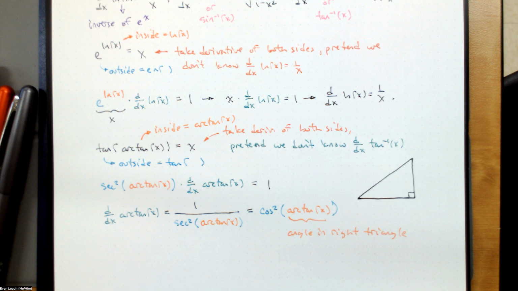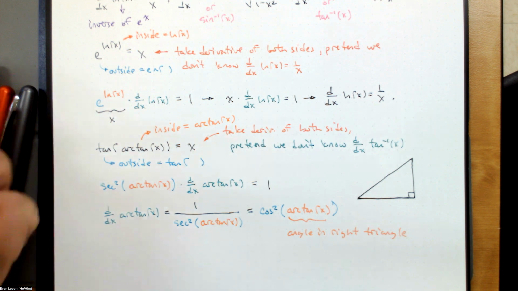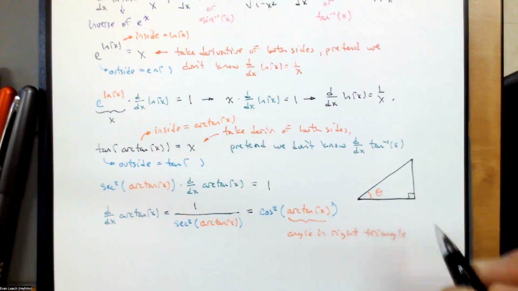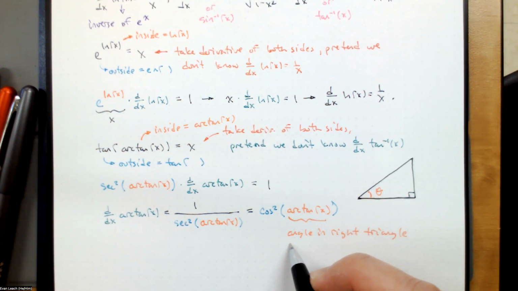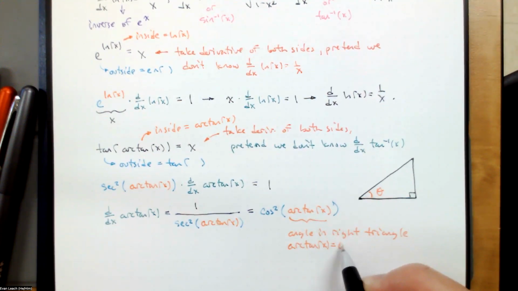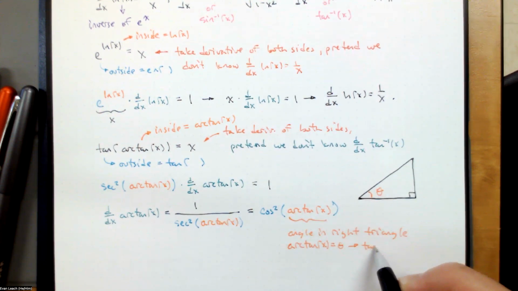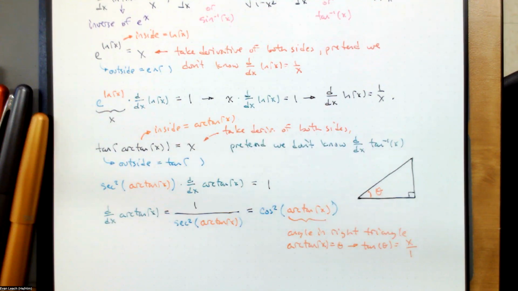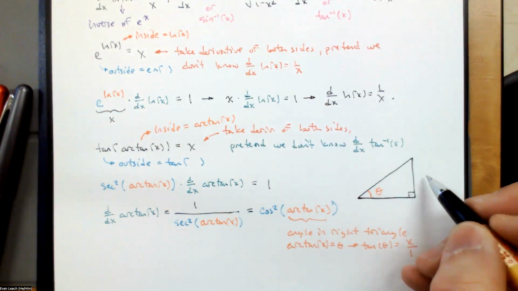The tangent of this angle is equal to x. So I'm going to set up a right triangle where the opposite is x and adjacent is 1. This tangent is opposite over adjacent.